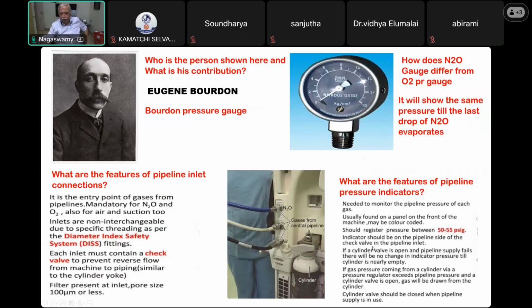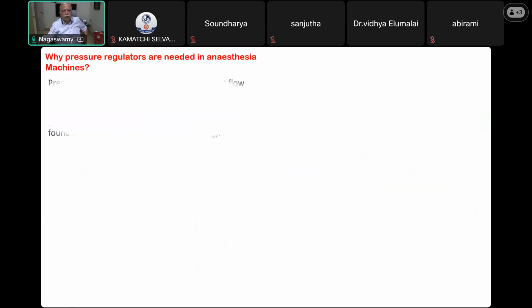So that is why you should always keep the spare cylinder valve closed whenever you are using a central pipeline supply. You should not keep the cylinder valve open until the pipeline pressure drops and you see that or an alarm is given. Then only you should open the spare cylinder that is in the machine.